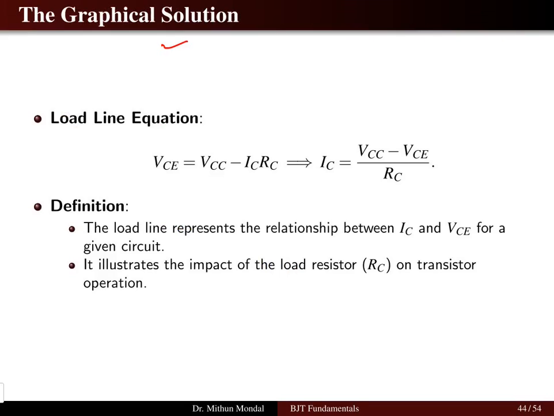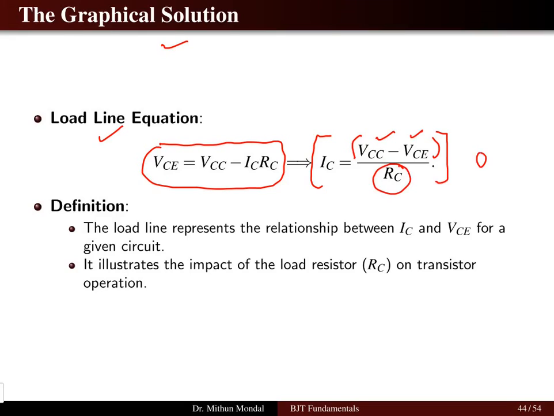So the graphical solution for this load line equation from the KVL equation, VCE equals VCC minus ICRC, will give you the value of the collector current. So the collector current will be the potential drop, VCC minus VCE, divided by the resistor RC, in accordance with Ohm's law.